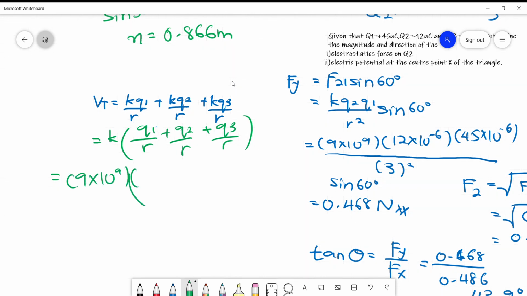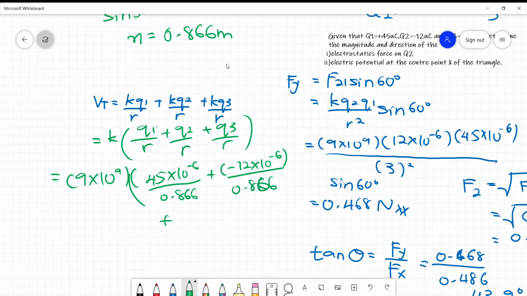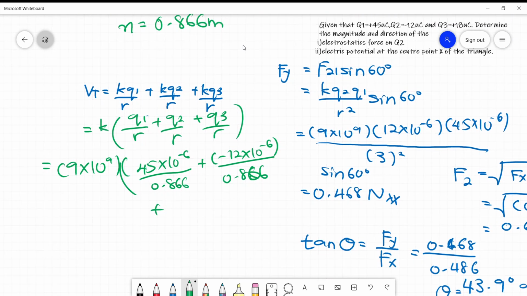So my Q1 is 45 times 10 to the power negative 6 divided by 0.866, plus the Q2, which is negative 12 times 10 to the power negative 6 divided by 0.866, plus the Q3, which is positive 18 times 10 to the power negative 6 divided by 0.866.